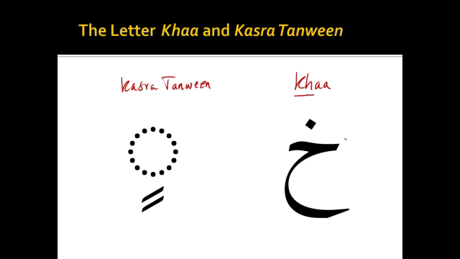And we don't have this sound in English, so this is a sound that you are going to have to practice a little bit. The Kasra Tanween is like the Kasra. But the Tanween is here, and you can look, this circle here represents a letter in the Arabic alphabet.